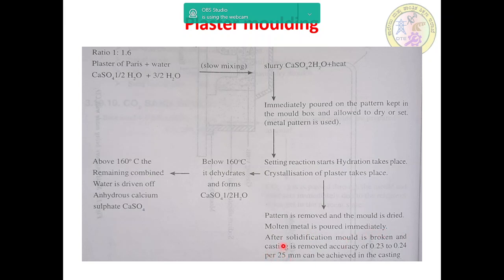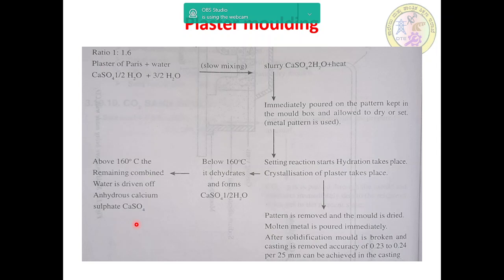Here, after solidification the mold is broken and the casting is removed. Below 120 to 160 degrees it dehydrates and forms CaSO4 plus water, and above 160 degrees centigrade the remaining combined water is driven off, giving anhydrous calcium sulfate.